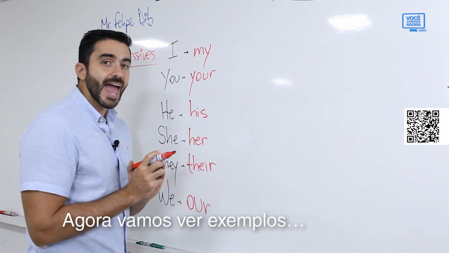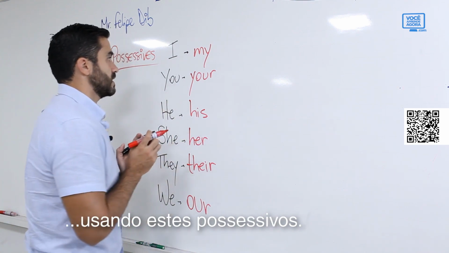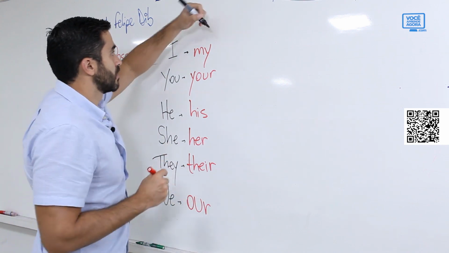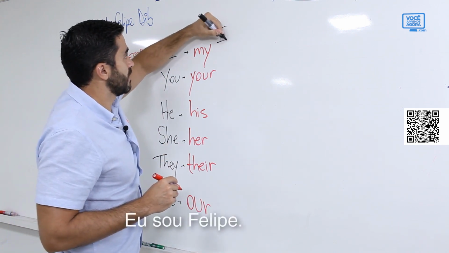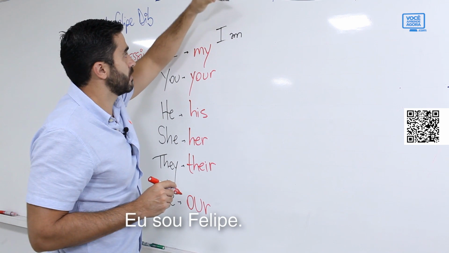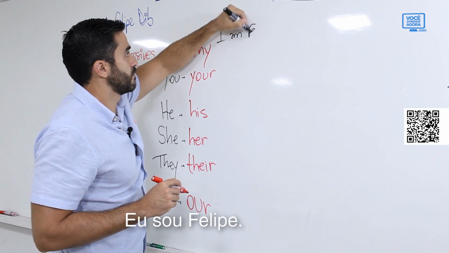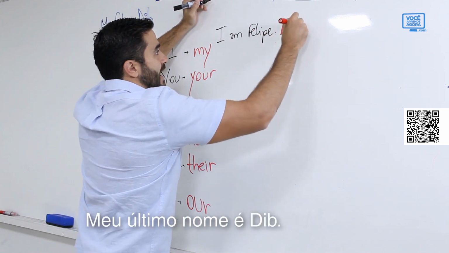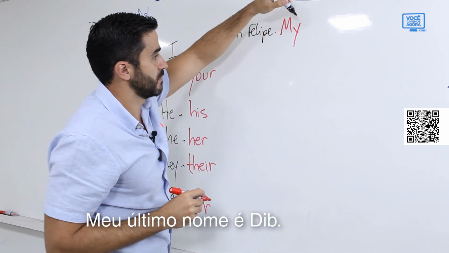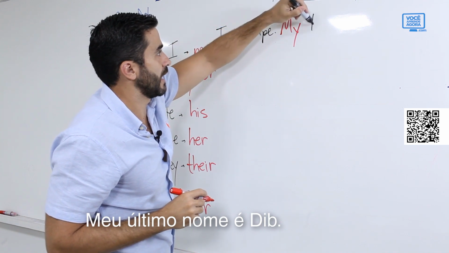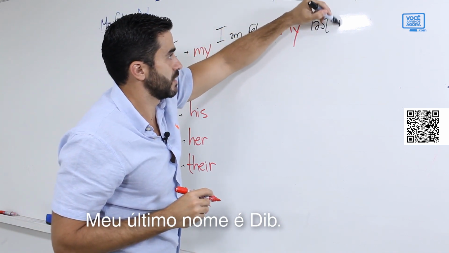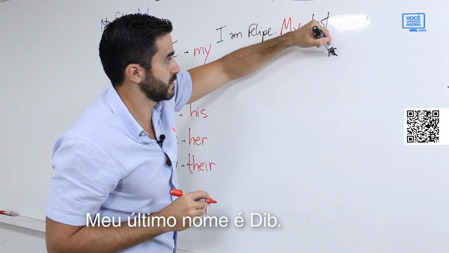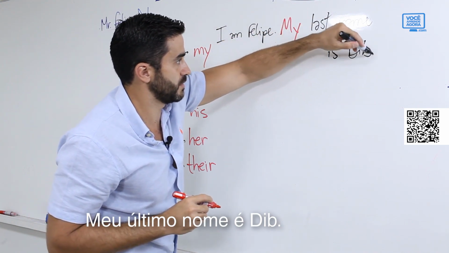Now let's see examples using these possessives. I am Felipe. My last name is Gibi.